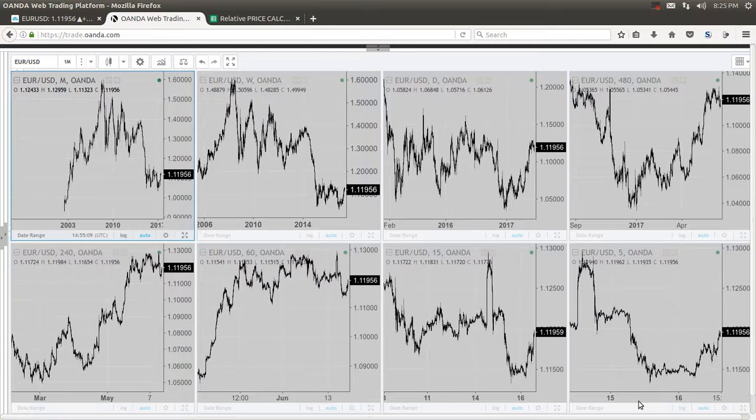So the plan is this, we want to go short. Where do we go short? We're certainly not going to go short at market, because when I look at the short-term pattern here on the 5-minute chart, it looks to me like this corrective rally that began from here has not yet ended. So there's more potential for upside. So we're going to try and sell it. Let's look at the retracement levels.